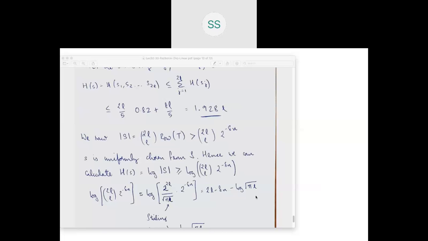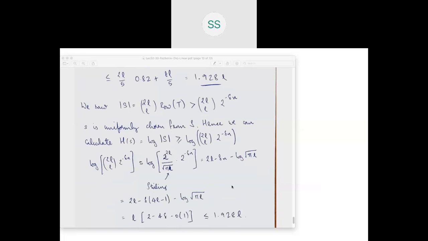But this lower bound is way more than the upper bound when we set delta to be something very small. And that forms a contradiction. So we can set delta to be something small, like 0.01, and it will not contradict anything. We haven't relied on any other properties of delta except that it is small.